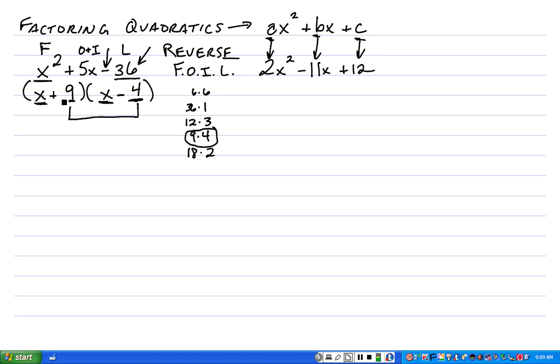And you have to be real careful to make sure you have your signs right, because sometimes you'll get the right numbers, but it won't give you the right sign. So let's say if this was a plus 4, a positive 9 times a positive 4 would give me a 36, and it's very easy to just see that you got 36 and keep moving, not understanding that it needs to be a negative. So you have to make sure your signs are right.